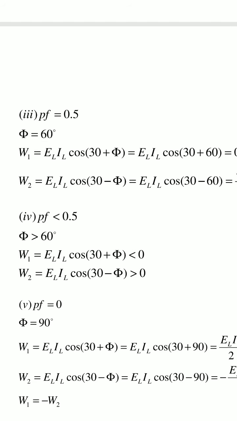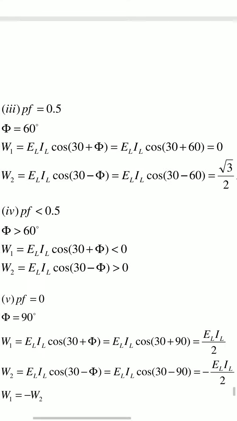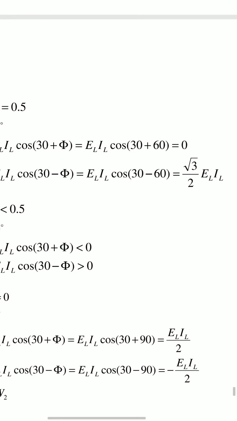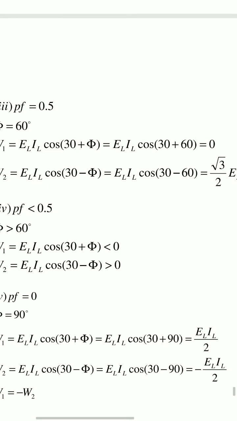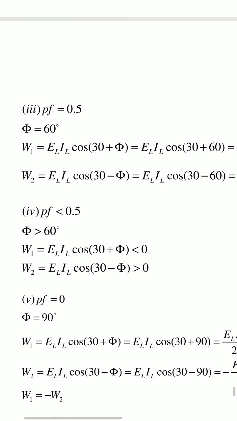At power factor 0.5, that means phi is equal to 60 degrees. W1 is equal to E_L I_L cos(30 plus 60), that is equal to 0.